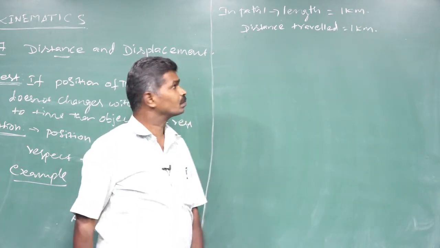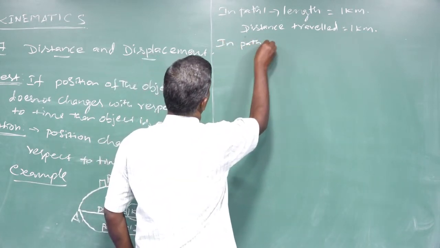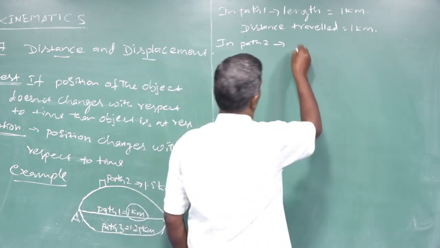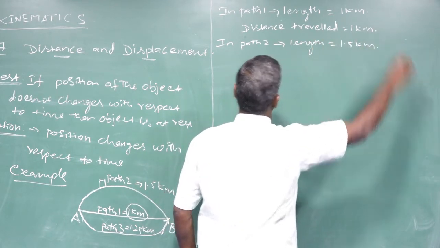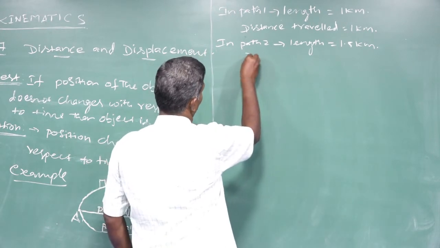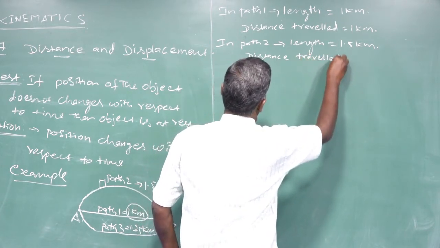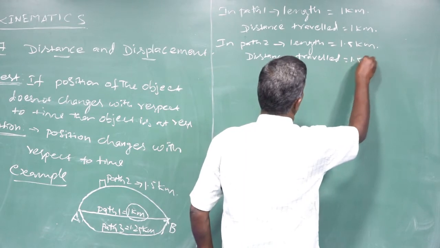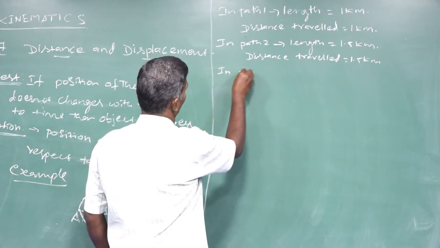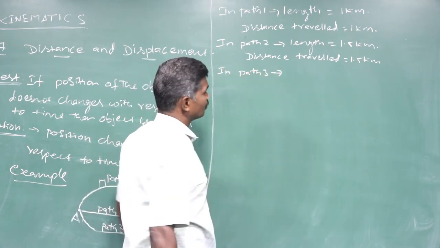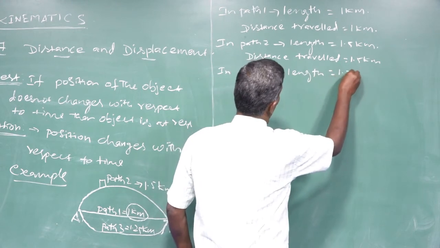But if he travels through path 2, its physical length is 1.5 kilometers, and the distance traveled is equal to 1.5 kilometers. Another way we have, that is path 3, where the total length of the path is 1.25 kilometers.